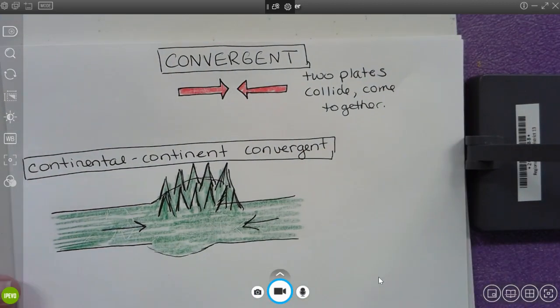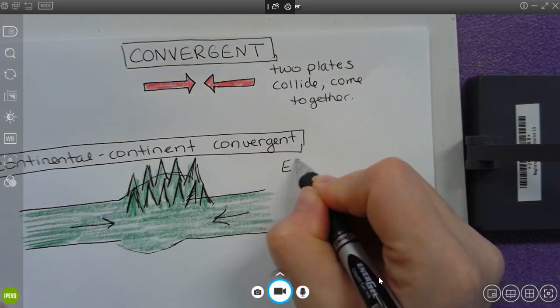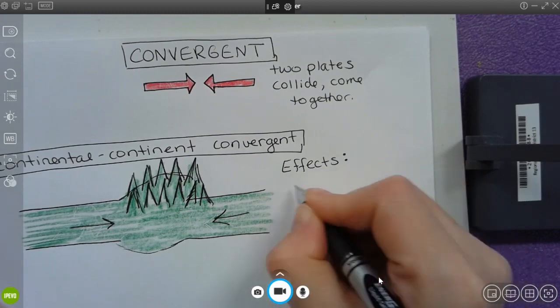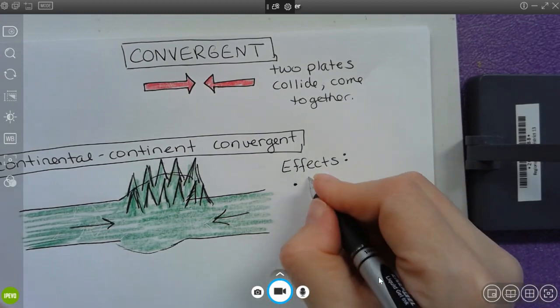Okay, so the effects of a continental boundary. We have mountain ranges.